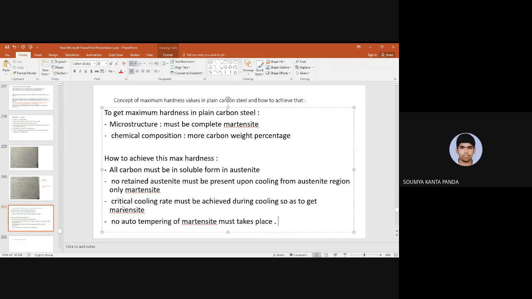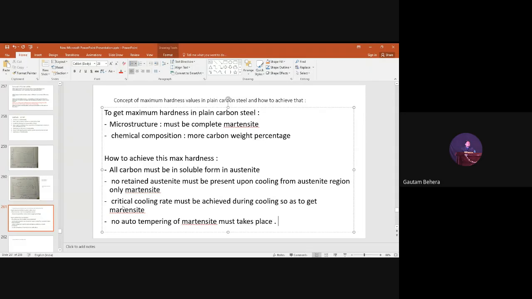So diffusion. Very good. Diffusion starts in the tempering process. During tempering, we are again raising the temperature of the steel and diffusion starts. So what happens if diffusion starts? Carbon will come out of martensite. If the amount of carbon in martensite is very high, it is harder, stronger, and brittle, because the tetragonality is increasing.